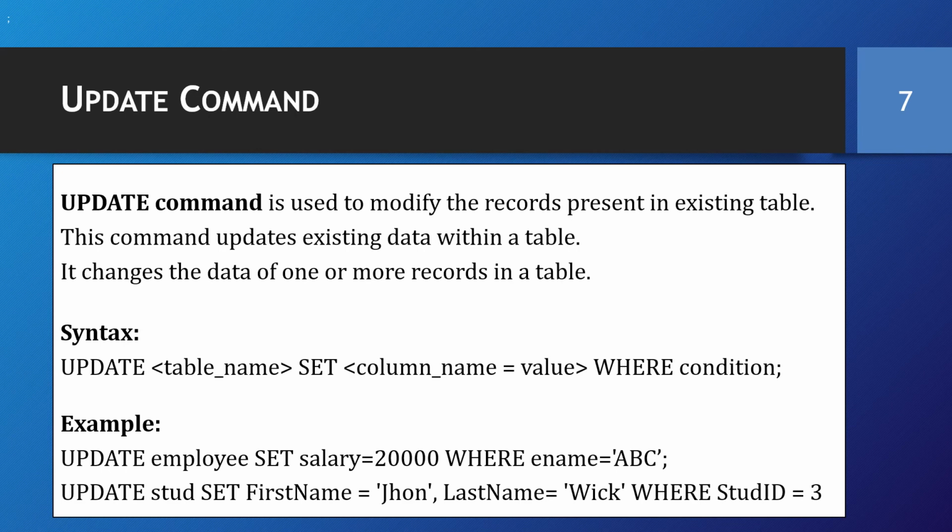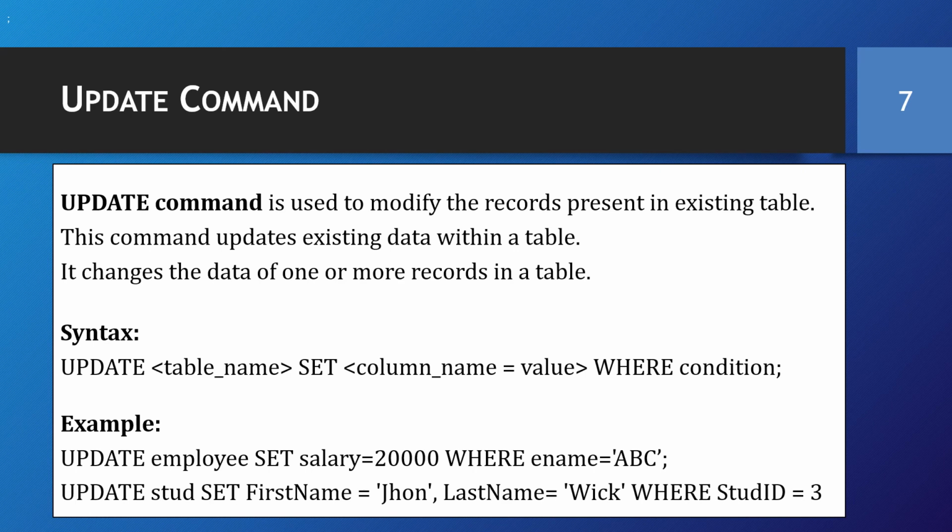Example: update employee, set salary is equal to 20,000 where the employee name is equal to ABC. So the tuple with the employee name ABC will be selected, and its salary will be overwritten with the new value 20,000. Whatever the previous value, it will be updated with this new value.